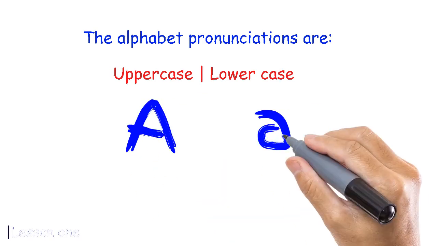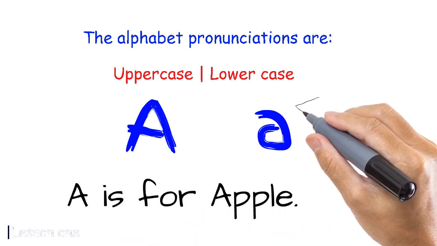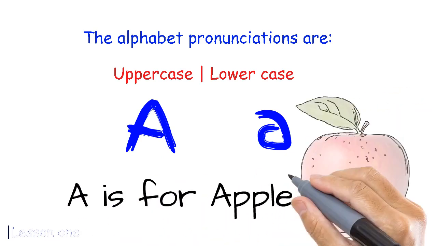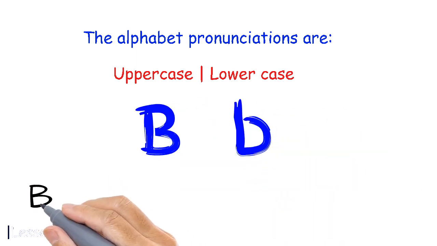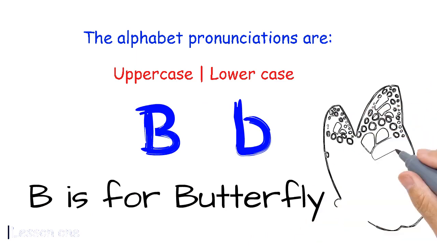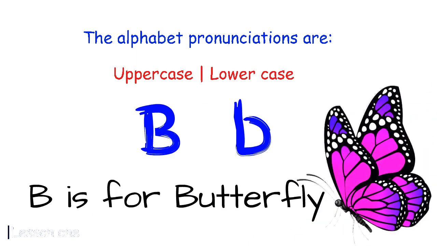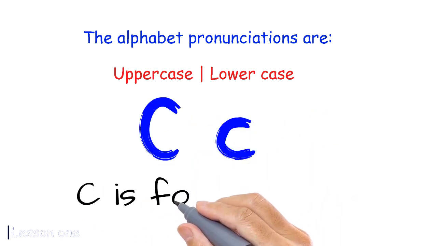A is for apple. B is for butterfly. C is for cat.